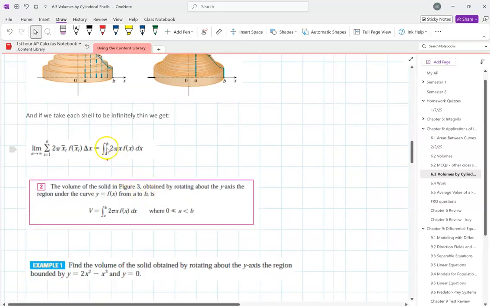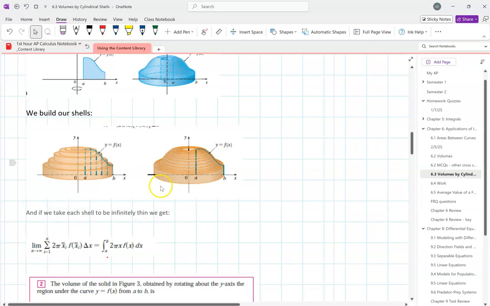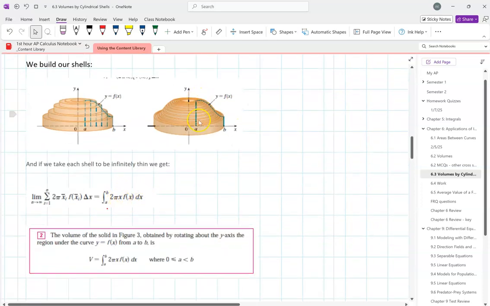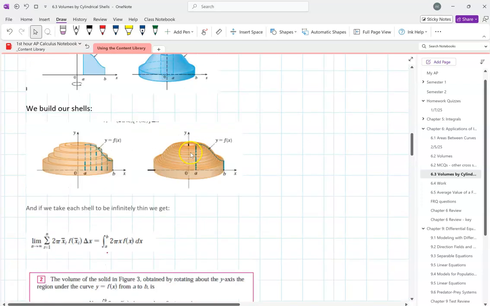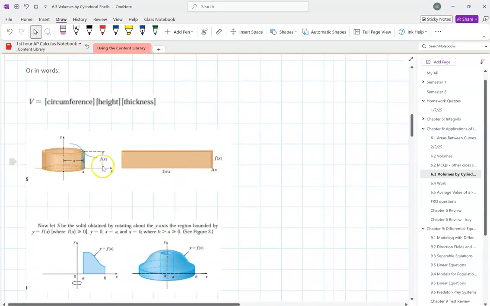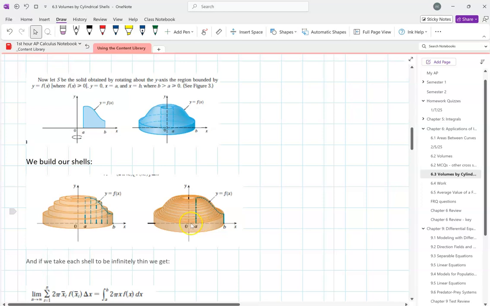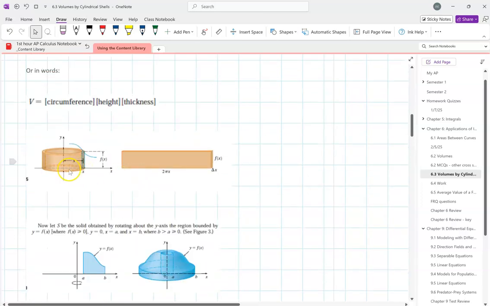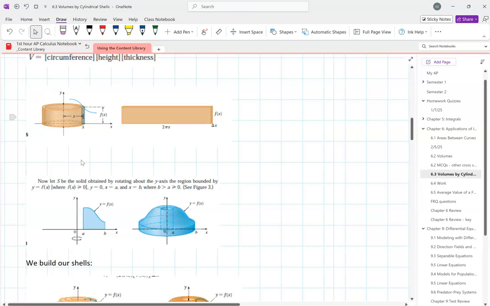So what this boils down to is the integral becomes 2 pi x f of x dx. So the f of x is the height of our rectangles, and the x, well, I guess it's the 2 pi, the x is the radius of the cylinder.